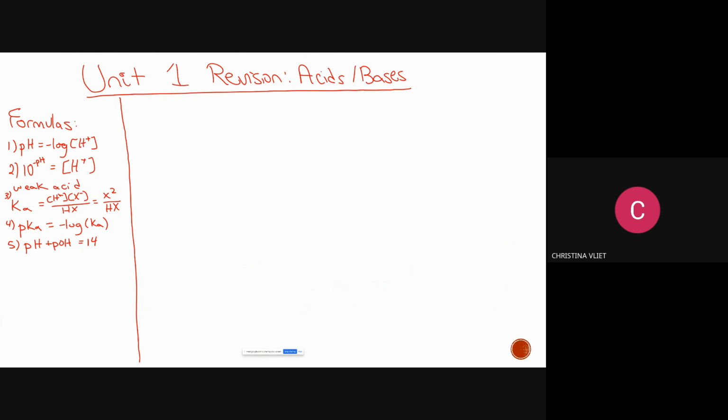The alternative way to solve H plus to OH minus calculations is using Kw. What's the formula for Kw? Go ahead. Concentration of H plus times the concentration of OH minus is equal to 10 to the negative 14. You should make a little note about that. Kw is the concentration of H plus times the concentration of OH minus.